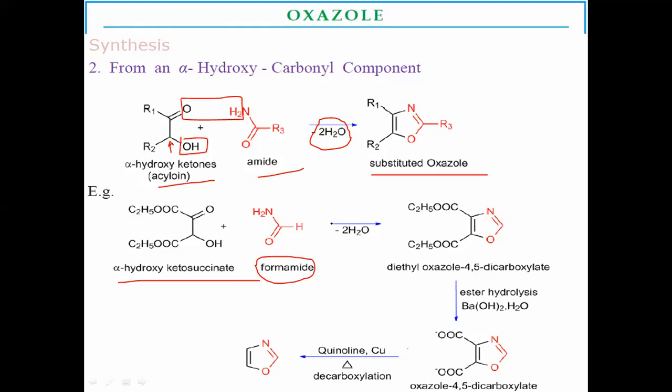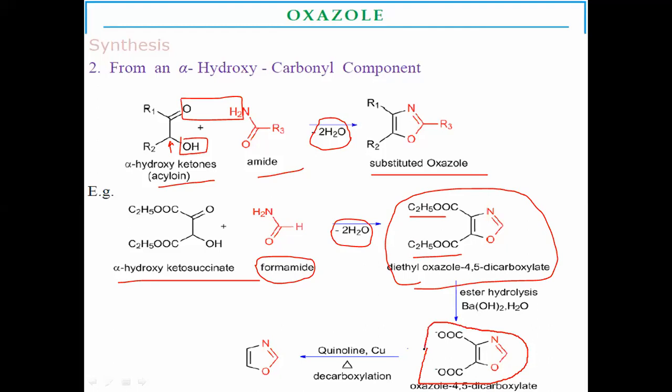They undergo dehydration, loss of two water molecules, to make the cyclized product, followed by ester hydrolysis of these esters, converting them into acidic forms, followed by decarboxylation to form the parent oxazole. Decarboxylation is carried out in the presence of quinoline and copper.